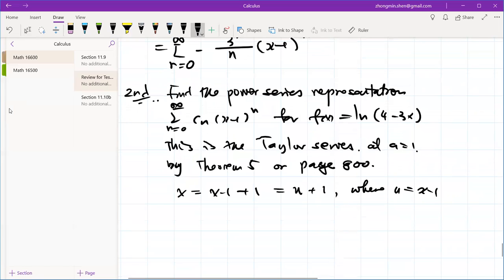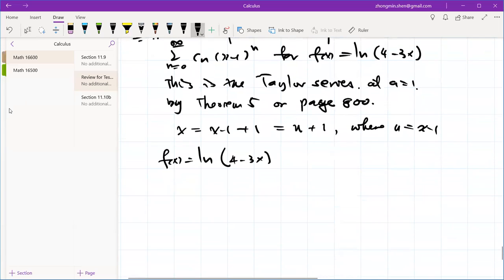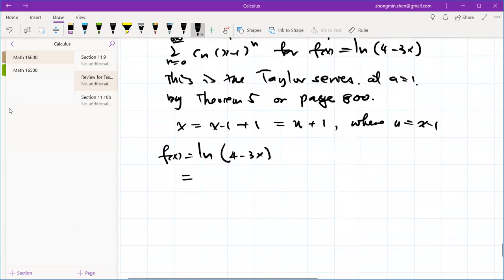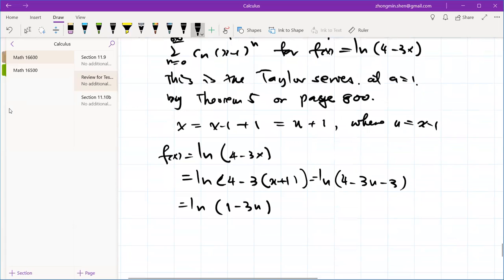Then f of x, remember, is 4 minus 3x. This is going to be 4 minus 3(u plus 1). After simplifying, 4 minus 3 minus 3u, I got 1 minus 3u.